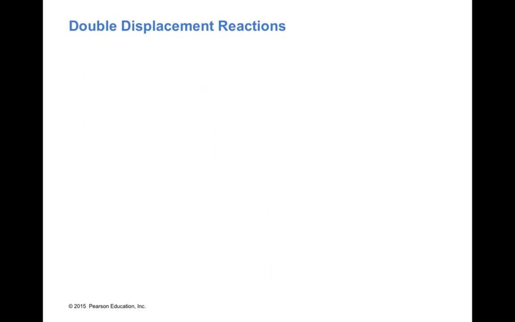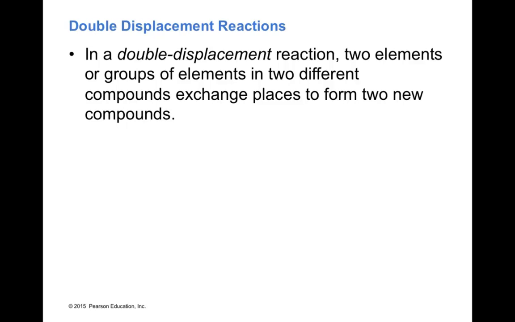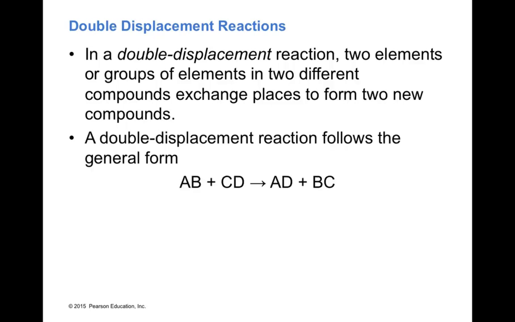The last example is the double displacement reaction. In this one, two elements or groups of elements in two different compounds exchange places to form two new compounds. A double displacement basically has this general form: AB plus CD producing AD, the cation of this one with the anion of this one, plus BC.